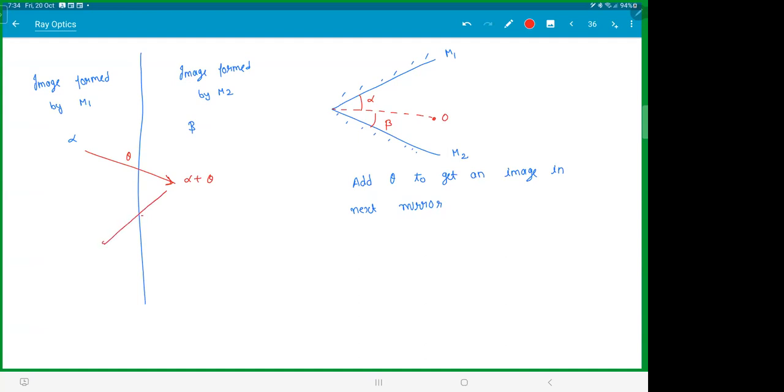Again, you add an angle theta. So then you get an image with alpha plus 2 theta. Now the image will form in M1. Similarly, this one, you are adding theta. Wait, what is theta here? Theta is the angle between mirrors M1 and M2.